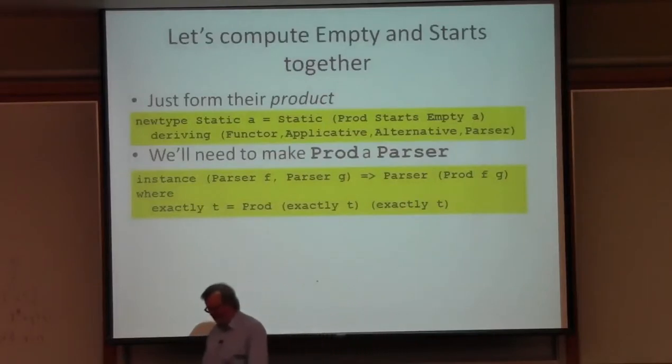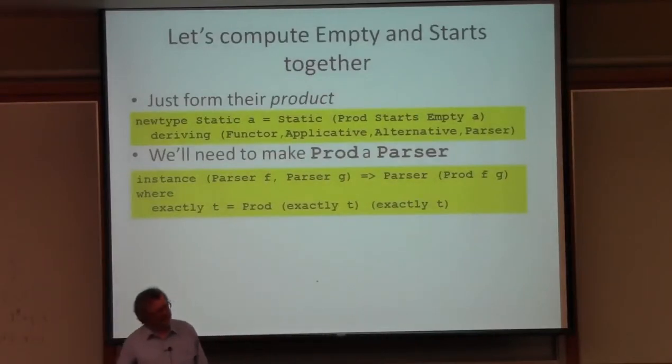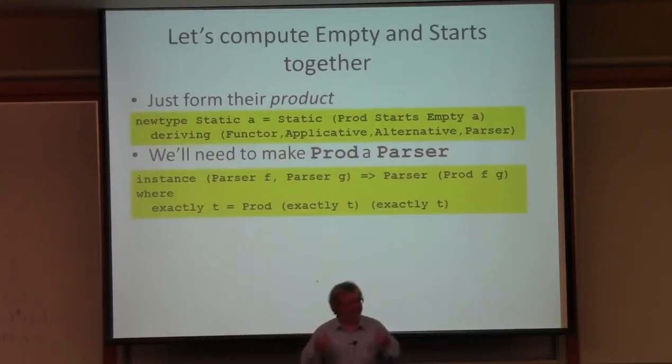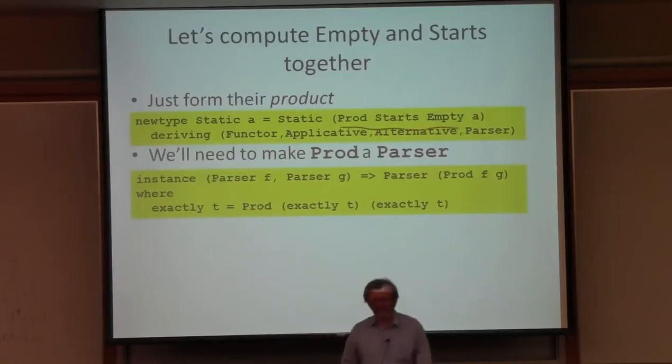If I can't define starts by itself, let me compute empty and starts together. Applicative functors are composable. Excellent. Let me just take the product of starts and empty, so I'll compute both, and I'll define a new functor, Static. Static of A will do all the static analysis of my grammar, and I'll just derive a functor instance, applicative, alternative, and a parser instance, and I'm done.